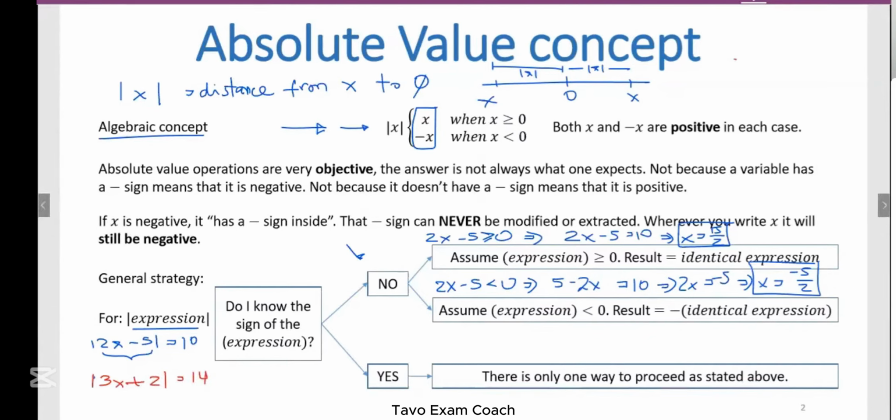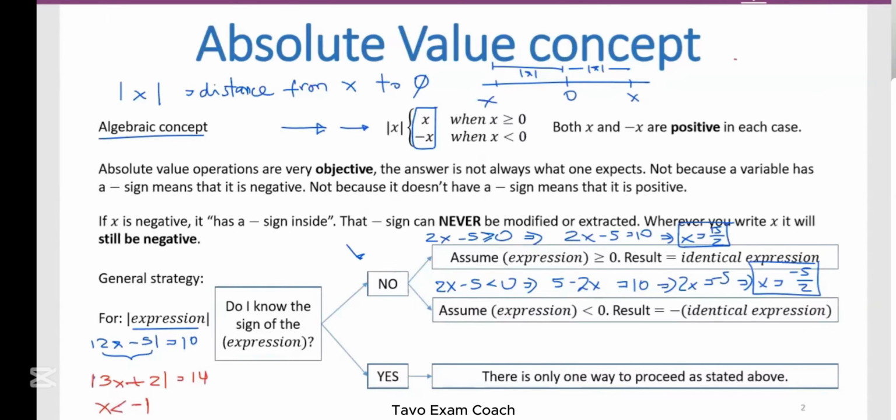And imagine they told you that x is less than negative 1.